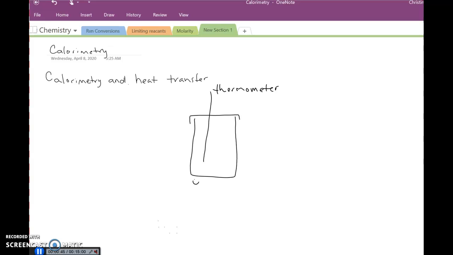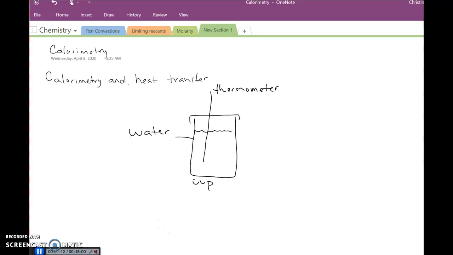Inside the cup, we have a sample of water. And basically what we do is we use this system here to figure out the change in a reaction.